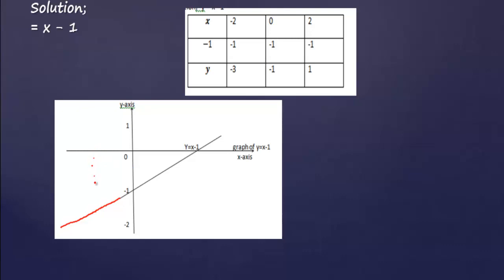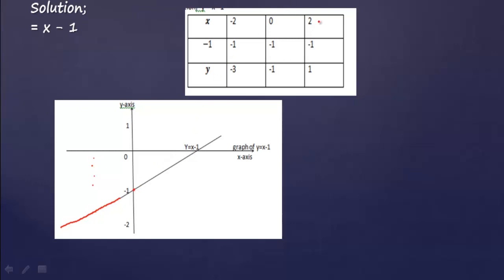So this is x, which is around minus 2 here. Then y is equals to minus 3. It's going to form somehow. So let's see. And then when x is equals to 0, y is equal to minus 1. That's why this point is here.